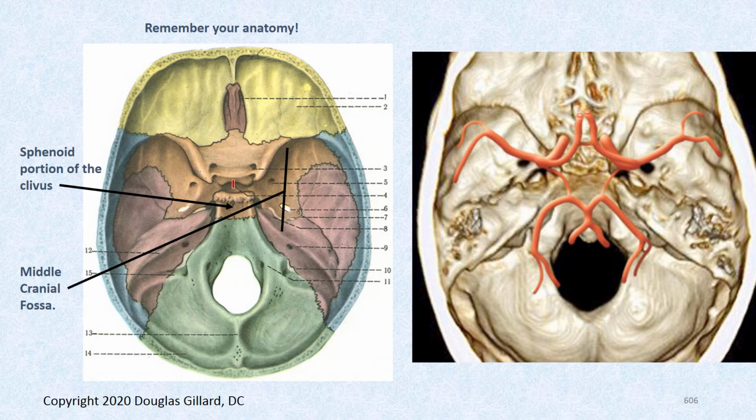Sella turcica, pituitary would be right down here into the plane of the page. Anterior clivus right here. What's that? More specific. You said sphenoid, I heard you. Lesser wing of the sphenoid, greater wing of the sphenoid is a little bit deeper down here. All right? So there it is. There are the parts of it. And here's the internal carotid artery coming around right there.